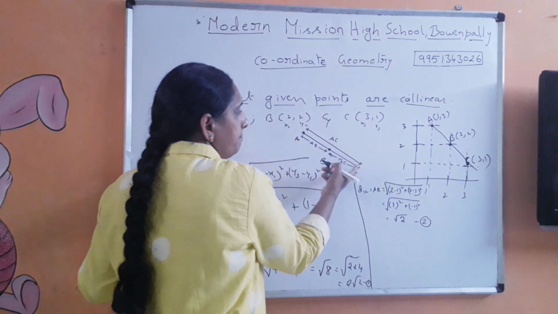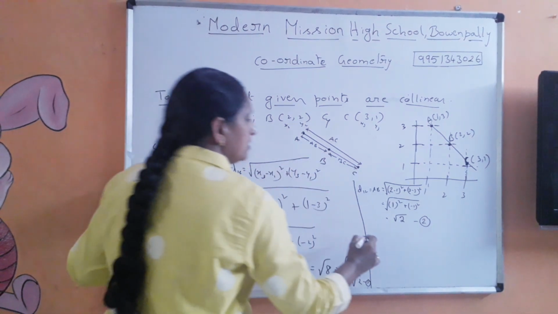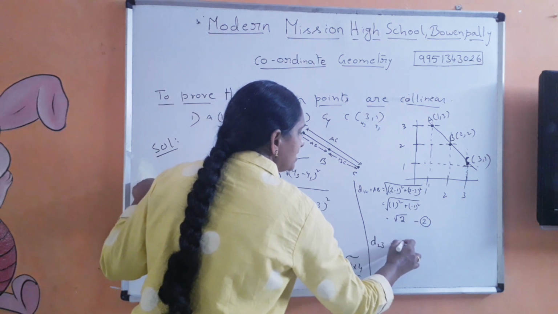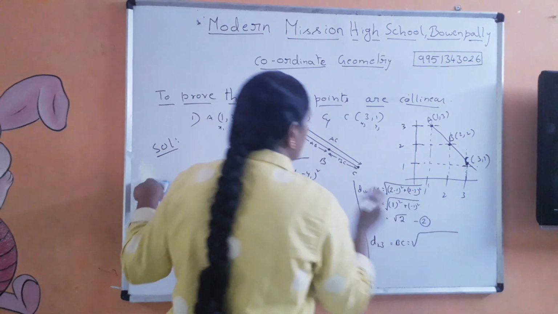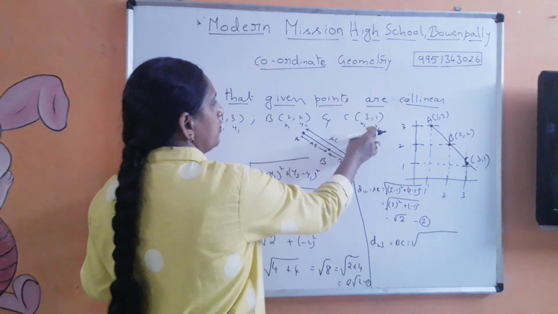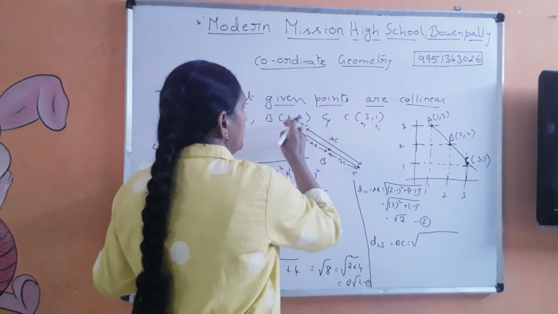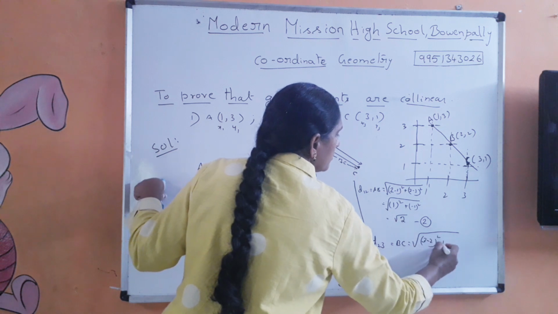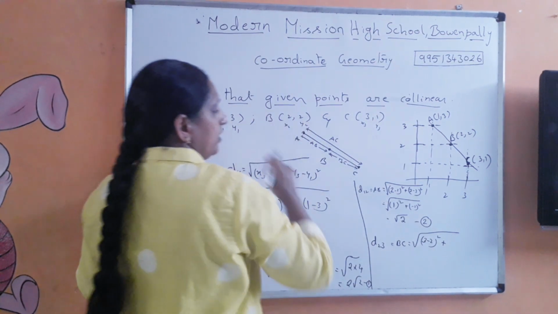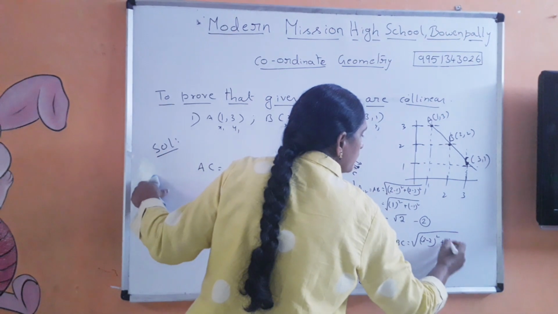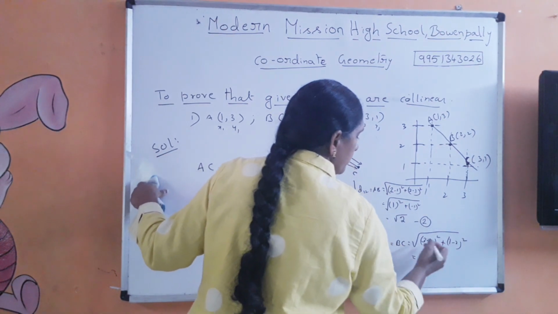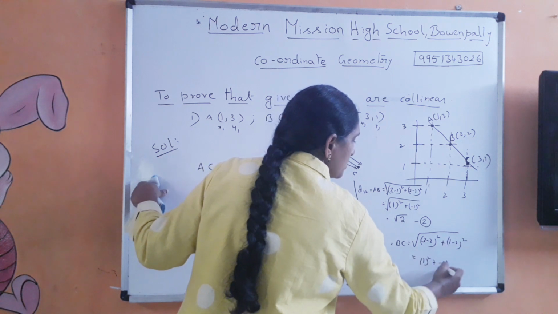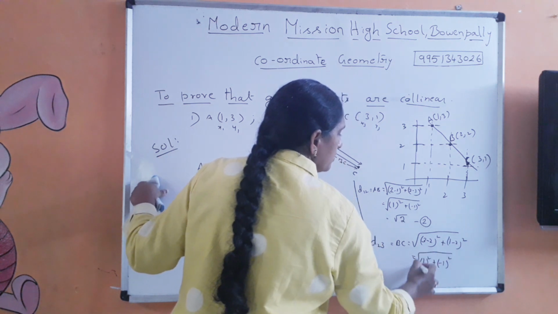And now the third one. Between what and what? B and C. So D2,3 is equal to BC, which is equal to, let me substitute directly between these 2 points, (3 minus 2) whole square plus (1 minus 2) whole square. 3 minus 2 is 1 whole square plus 1 minus 2 is again minus 1 whole square.